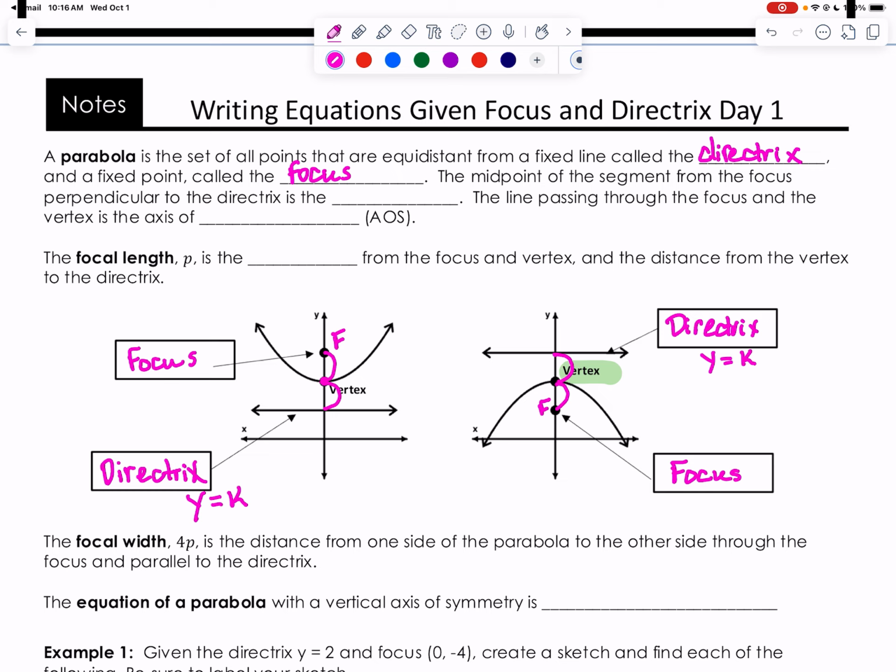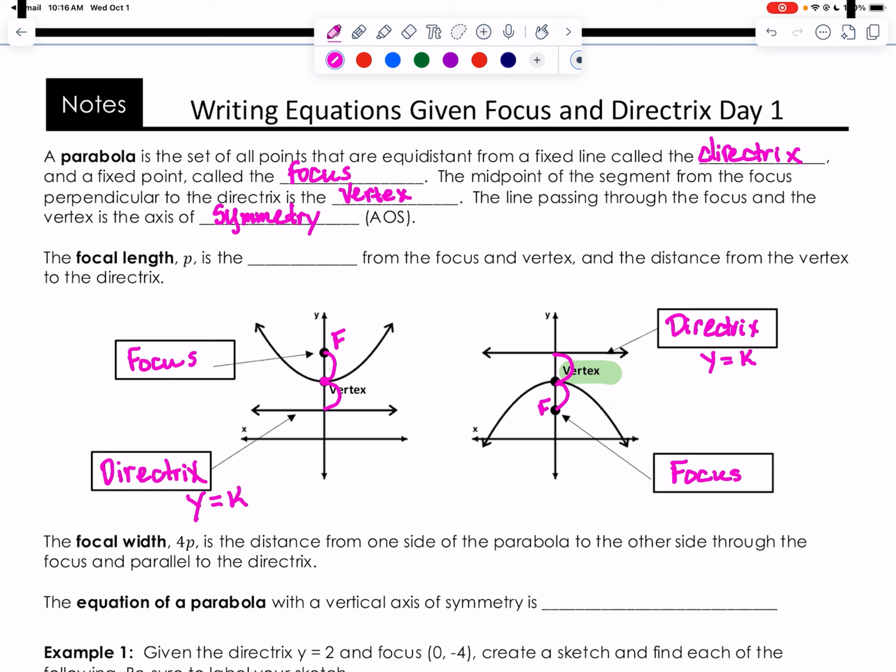Now, let's continue with our definitions. The midpoint of the segment from the focus perpendicular to the directrix is called the vertex. And the line passing through the focus and the vertex is the axis of symmetry, which we can abbreviate AOS.